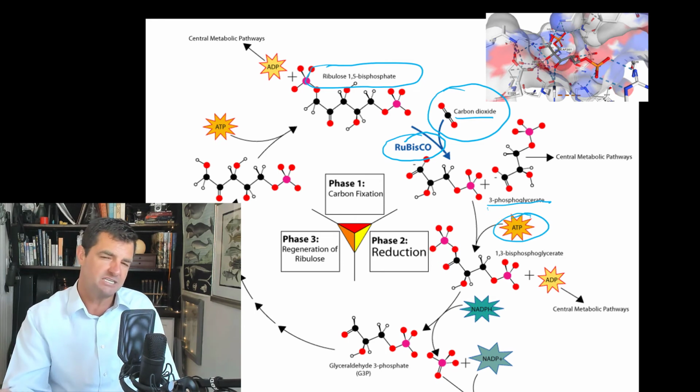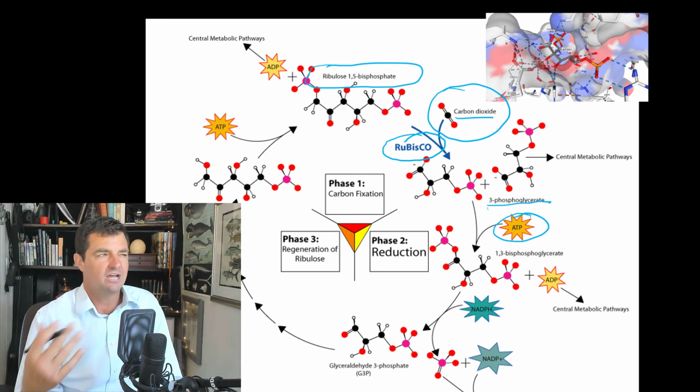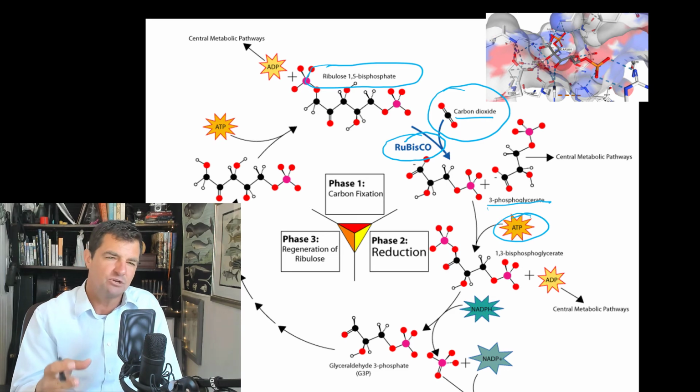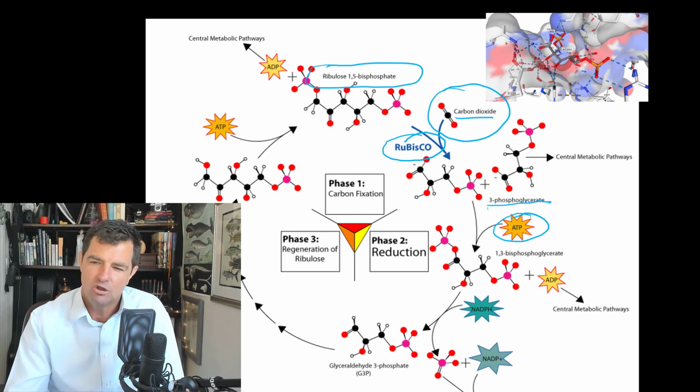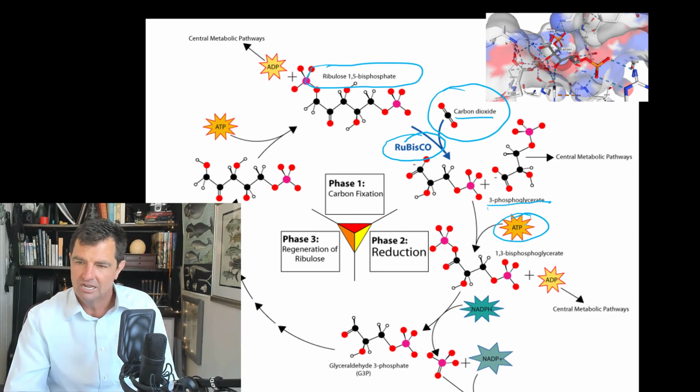Remember, we made some ATP in the light reactions, but that really is something we need for this part, okay? And what we're going to do is we're going to use up our ATP.